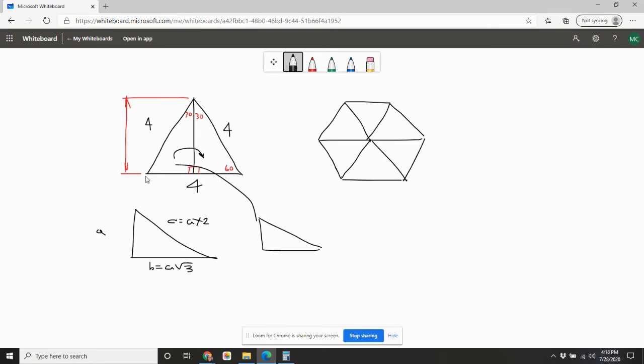4 is the full length of this triangle. We cut that in half, so that's 2. And then we know that this side here, which is that side, right, is 4. And we're looking for the height here. What is that? So that's B. We don't know what B is.